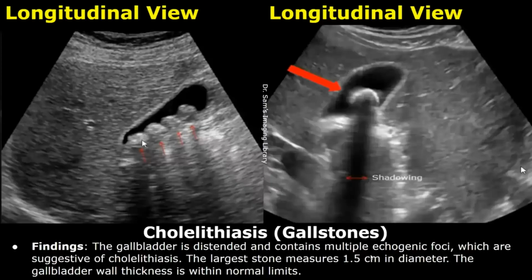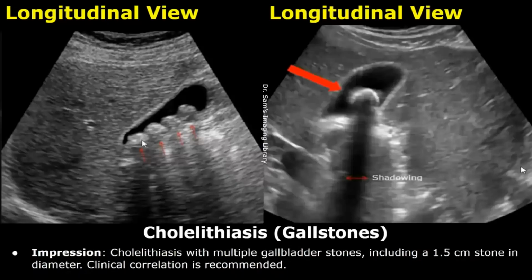The stone or stones are seen as echogenic structures. This is suggestive of cholelithiasis. Then you can write the measurement of the largest stone if there are multiple stones, and then you can write about gallbladder wall thickness.